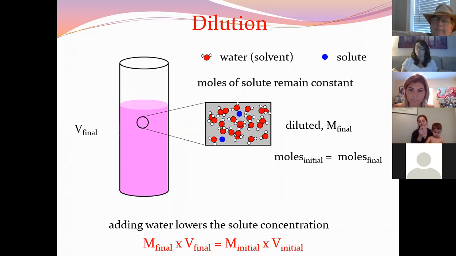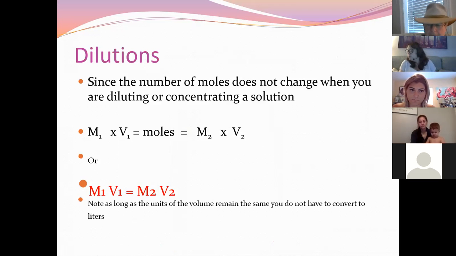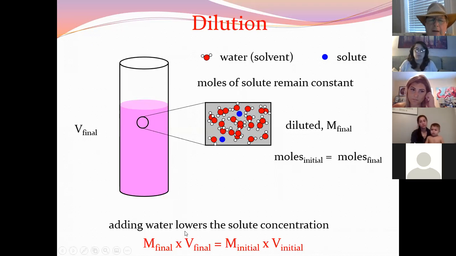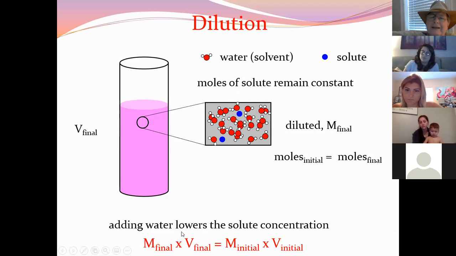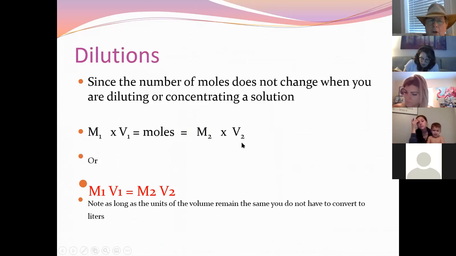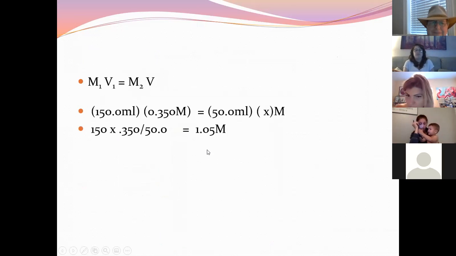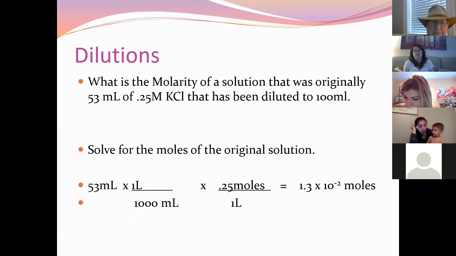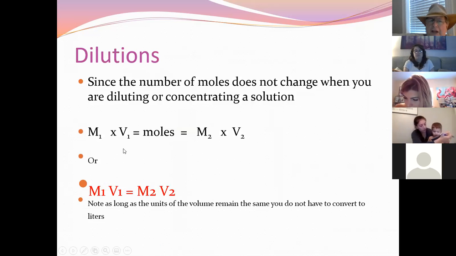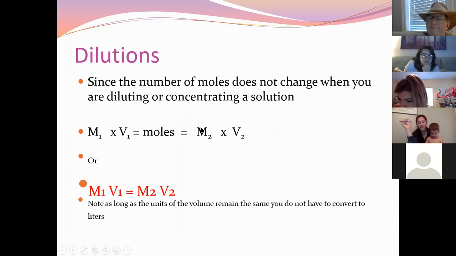My final volume times my final concentration is going to be my moles final. The moles are not changing. So my initial concentration times my initial volume is equal to my moles, which is equal to my final concentration times my final volume.